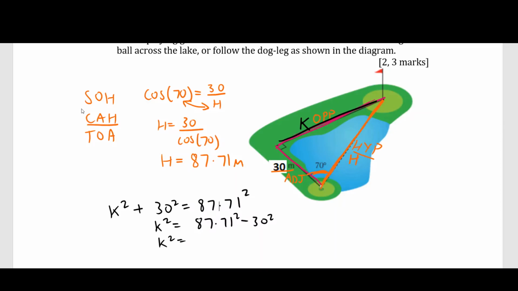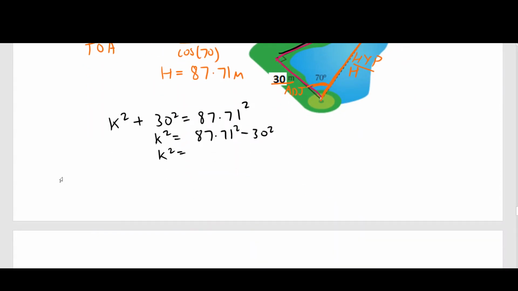K squared equals 87.71 squared take 30 squared, which is 6,793.04. So K equals the square root of 6,793.04.